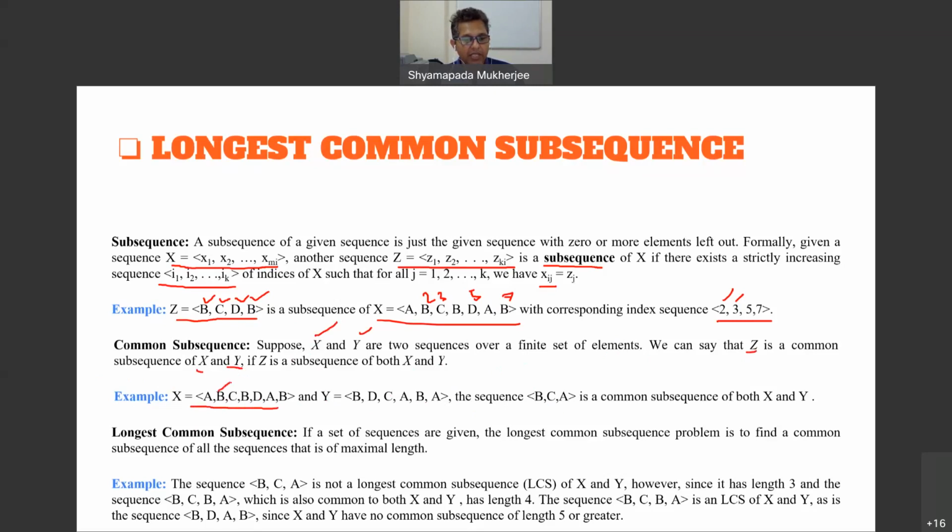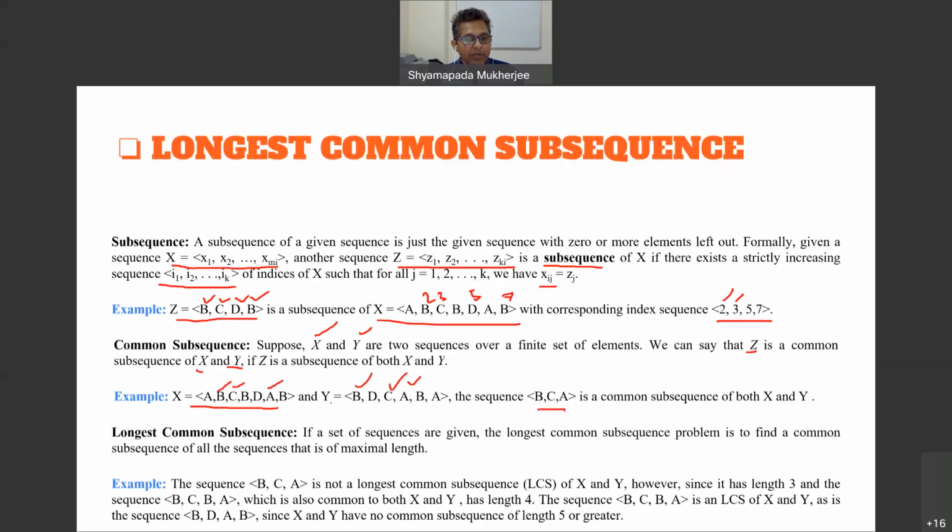You can take any order, but it should be increasing. Both X and Y have the common subsequence BCA.